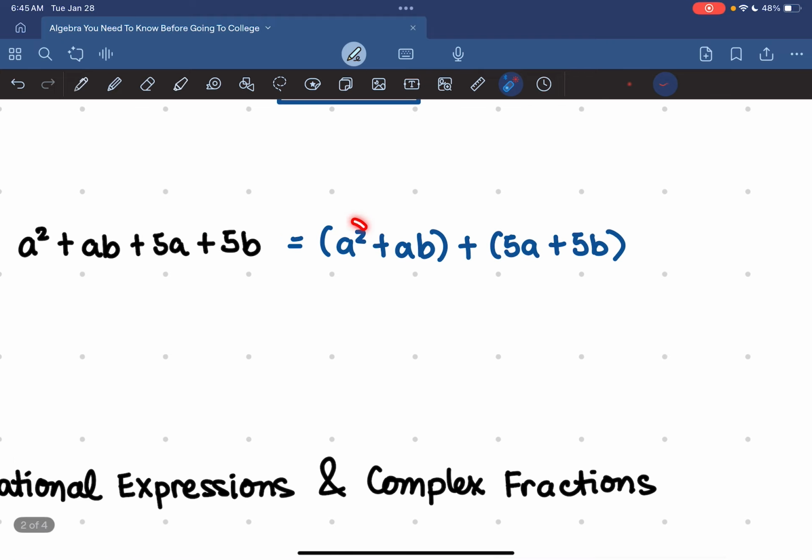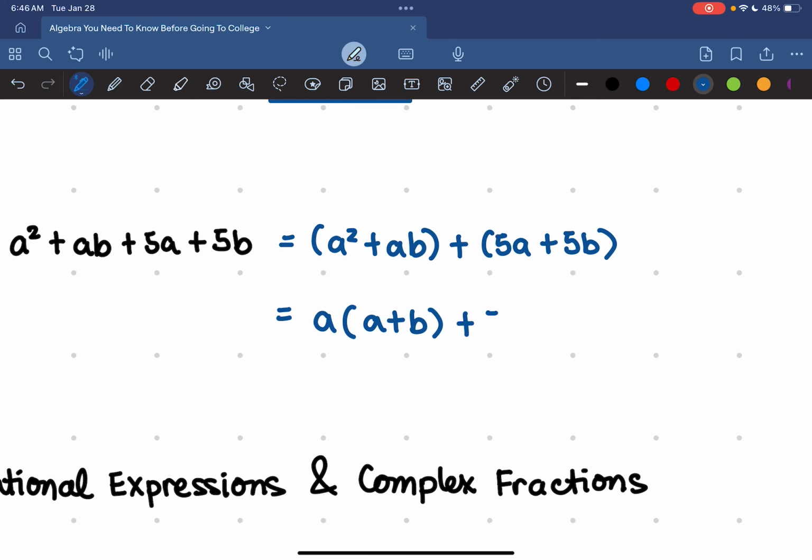So take note that here we have a common term of a, so we can factor out one a there, since this one is a raised to 1. And then here we have a common factor of 5. So factoring that one out, we'll have here a times a plus b plus 5 times a plus b.